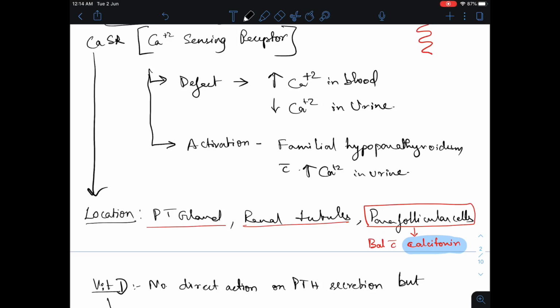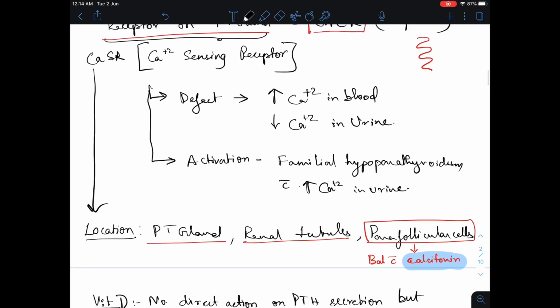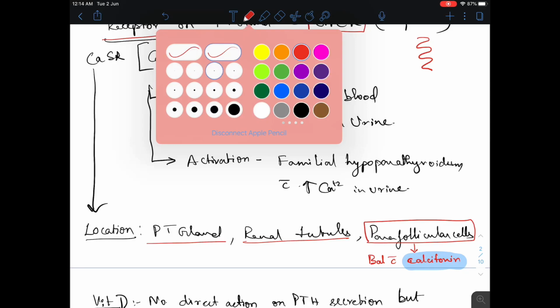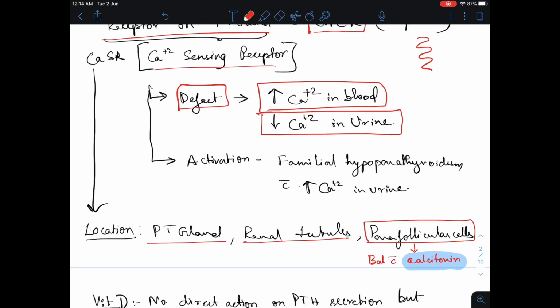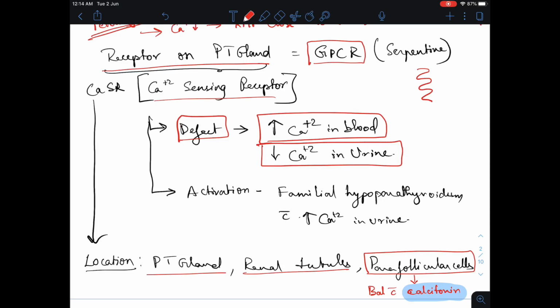Now if there is a defect in this calcium sensing receptor, then there is an increase in calcium in blood, because it won't be able to sense the increased calcium, and a decrease in calcium in urine. Okay, this increased calcium will stop the PTH secretion, whereas decreased calcium will stimulate the PTH secretion.